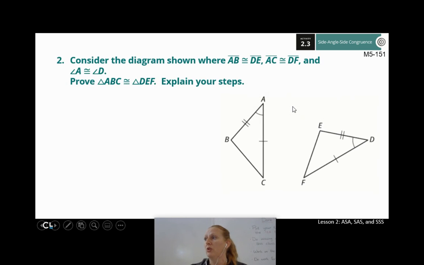So here I have two triangles. Can you prove to me that these triangles are congruent? Hit pause, jot down your thoughts on this, hit play to keep going.